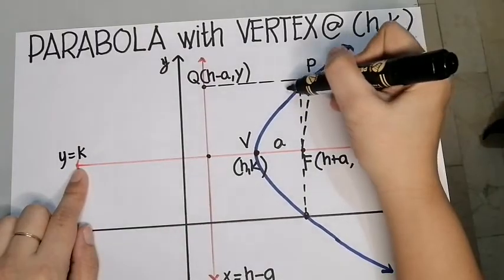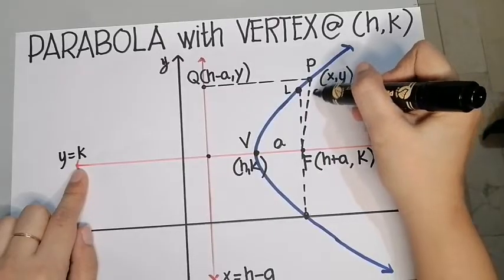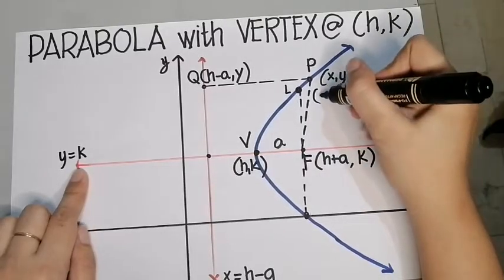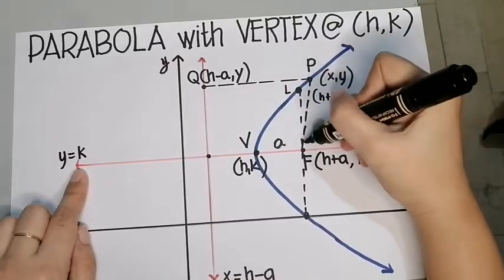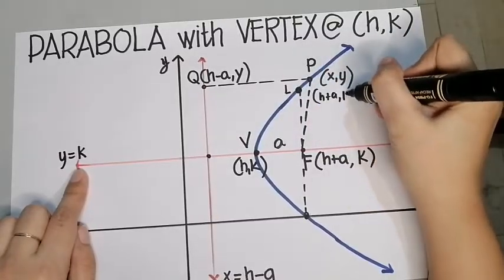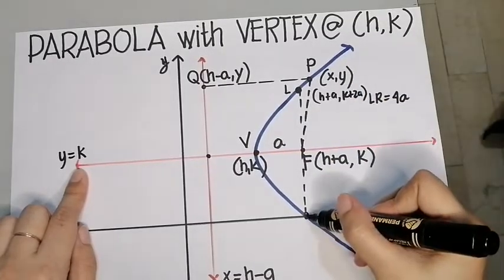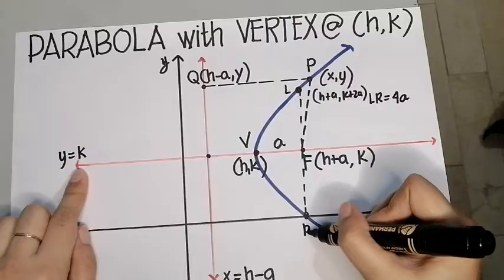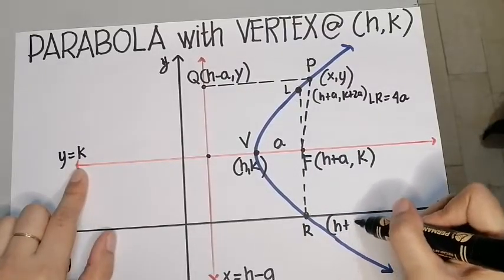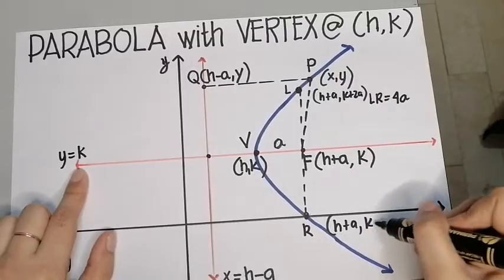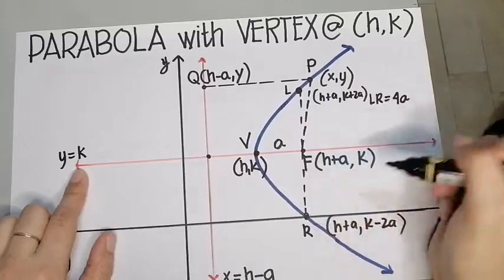Let's say this is L. The coordinates would be h plus a, and this is 2a, right? So you'll have k plus 2a. And for this point, let's note this one as R. The coordinates would be (h plus a, k minus 2a), since it's also 2a.